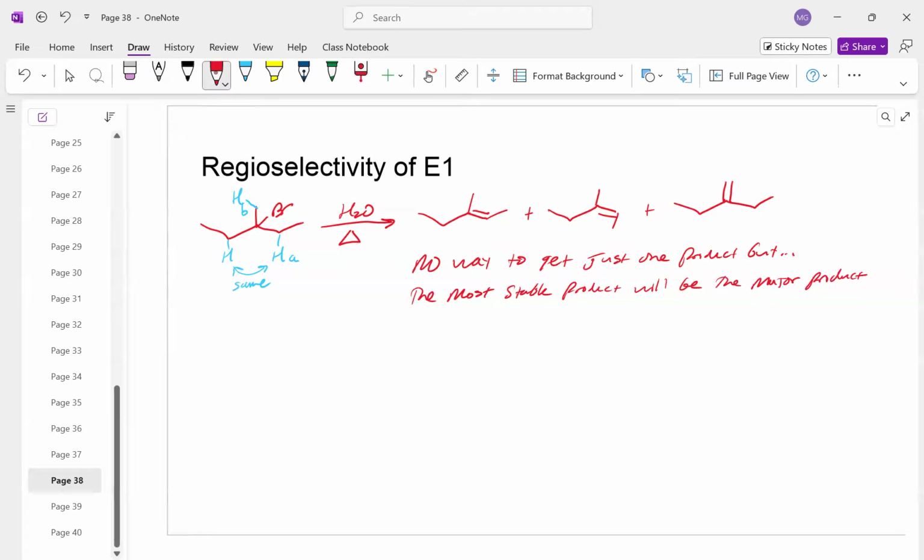So if I were to ask you, first of all, to draw the possible elimination products, could you order these in terms of the prevalence of them? Which one would you get the most of? Which one would you get the least of?